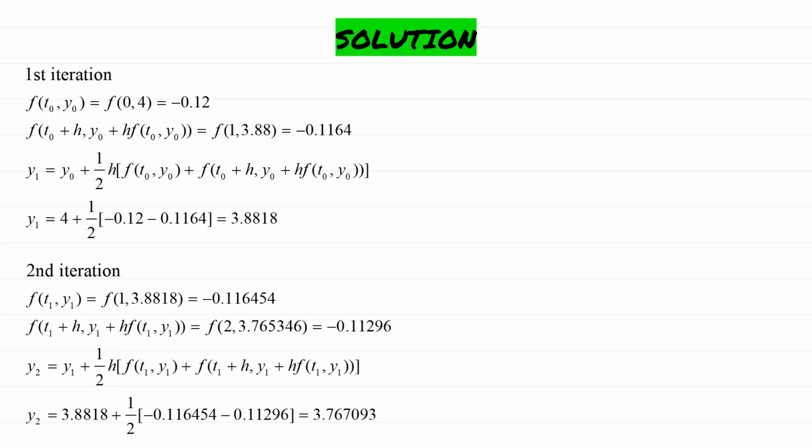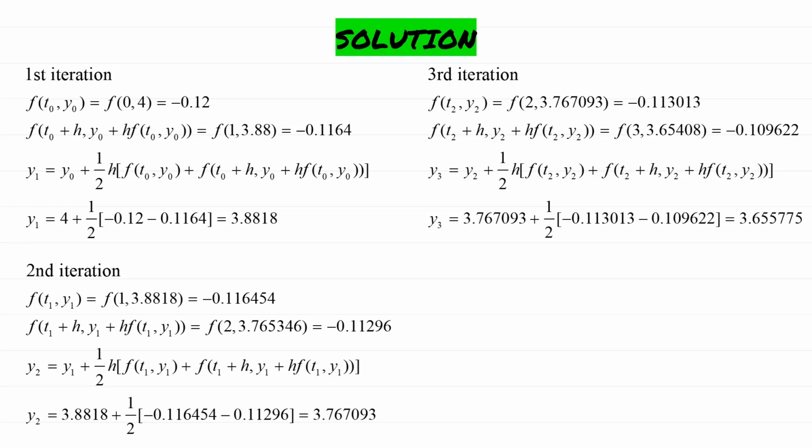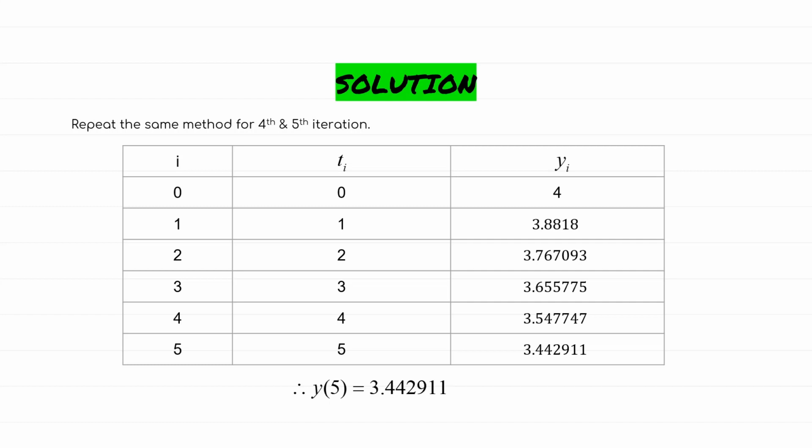The second iteration, we have 3.767093, and the third iteration, we have 3.655775. For the fourth iteration we have 3.547747, and the fifth iteration we have 3.442911. So y when t equals 5 is 3.442911 milligram using the improved Euler method.